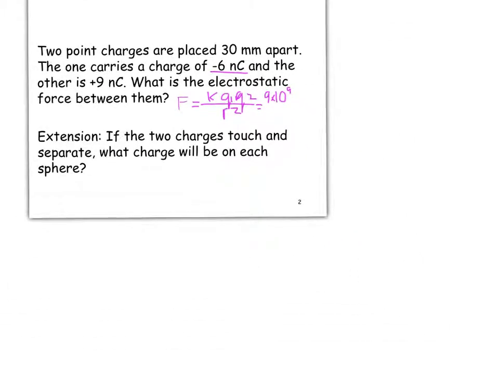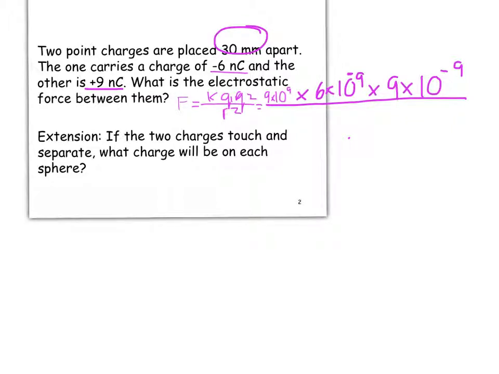Nano is times 10 to the -9, so it's 6 times 10 to the -9, times 9 times 10 to the -9 again. And then I am going to take the distance between them, which is 30 millimeters, which is 0,03 meters, and don't forget to square it.